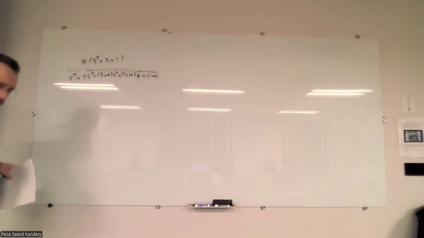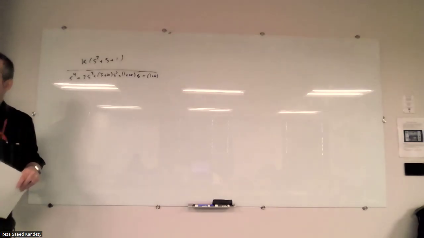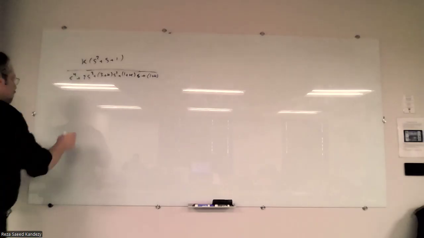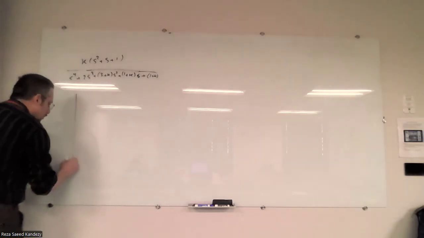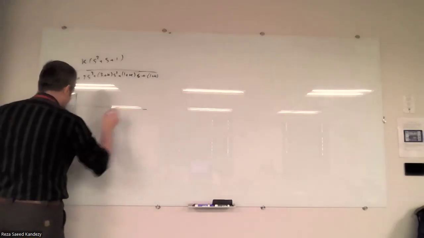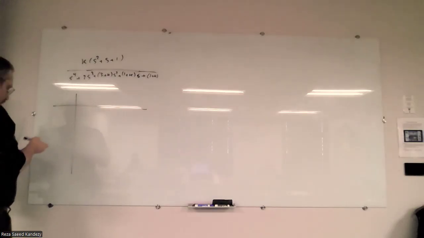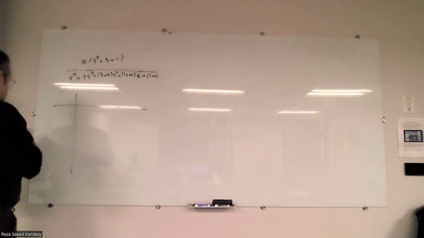Now, what we were gonna focus on is the denominator. So we don't care about the numerator, we just focus on the denominator and develop the Routh-Hurwitz table for our denominator.